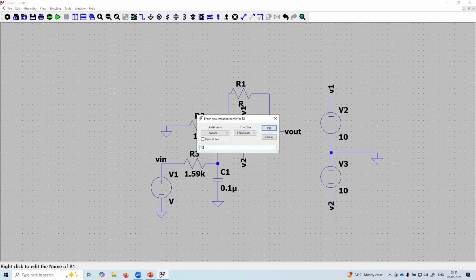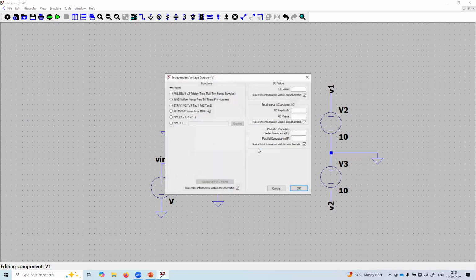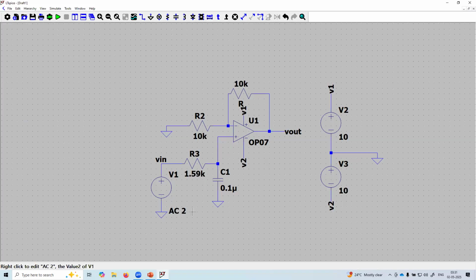RF will also be 10 kilo ohm. Now I am doing the AC simulation, so I have to give the AC value only. This AC value has been assigned here. So every value of the component has been assigned.